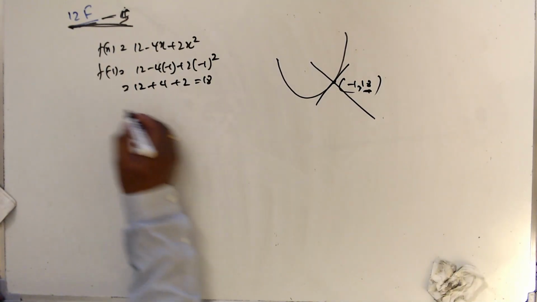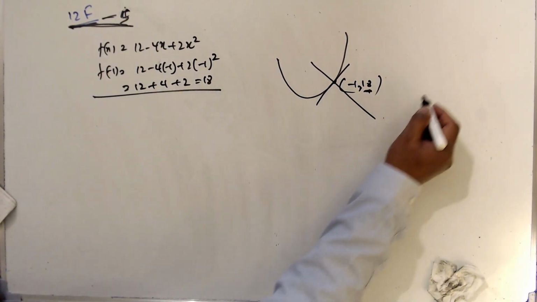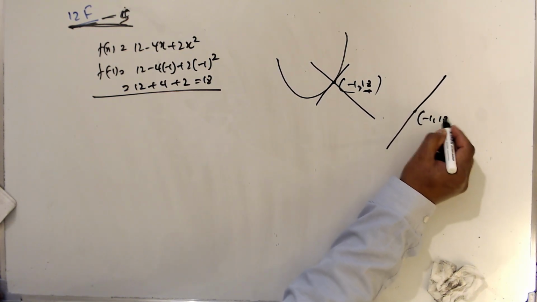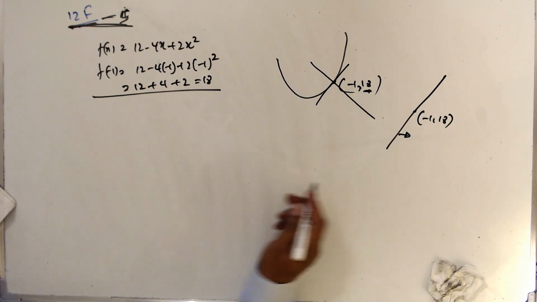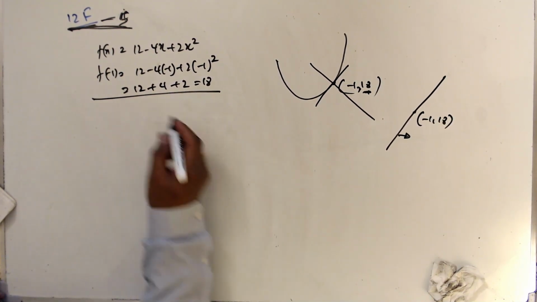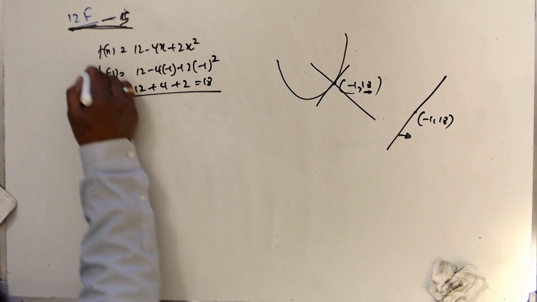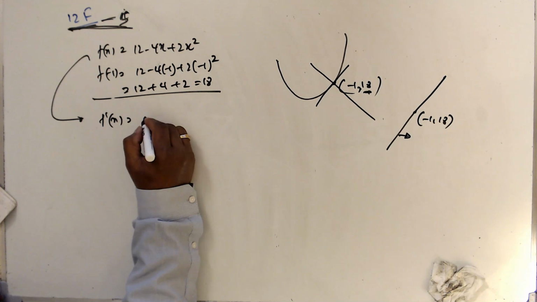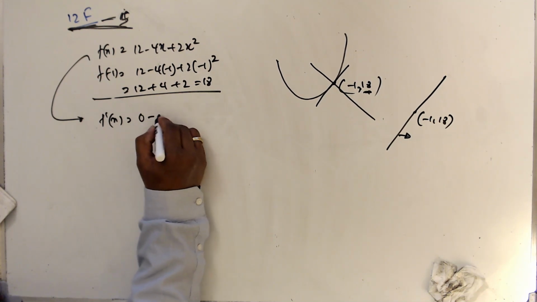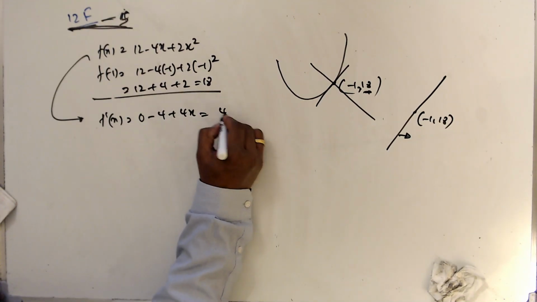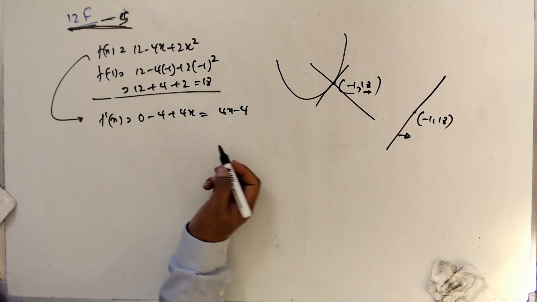Now tangent at minus 1, 18. We'll get the tangent gradient. So we'll get dy by dx, that is f dash x, equal to minus 4 plus 4x, which is 4x minus 4.